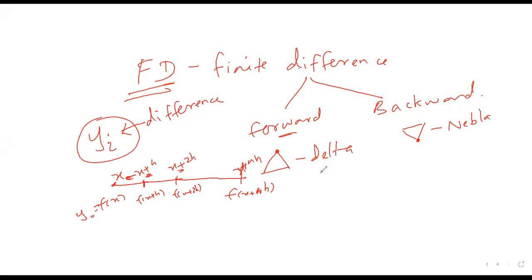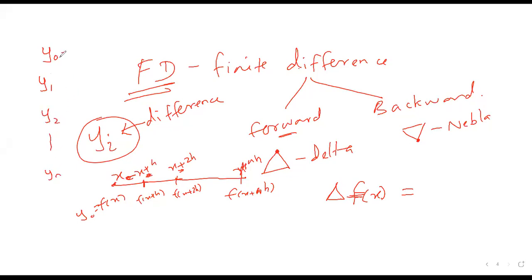So in that sense, delta is the forward one. If I use delta of f(x), keep in mind, let's say for example this is my y naught. This is my y1. This is my y2. It goes on to yn.